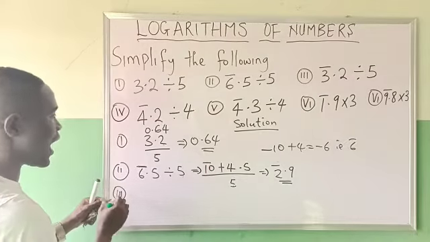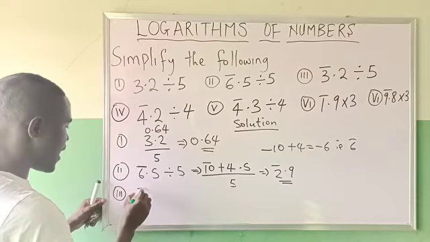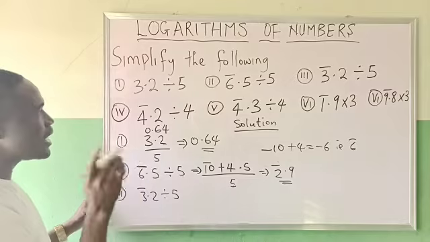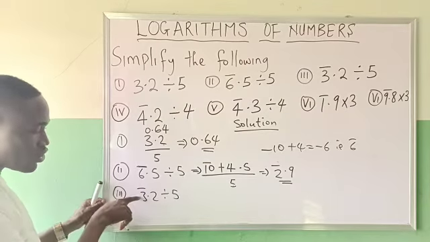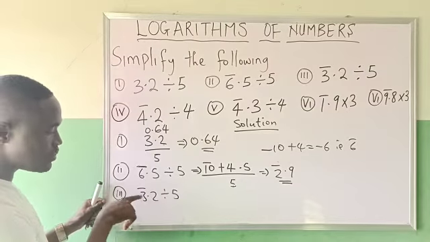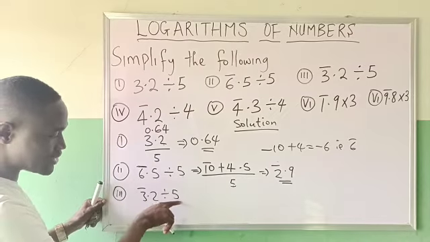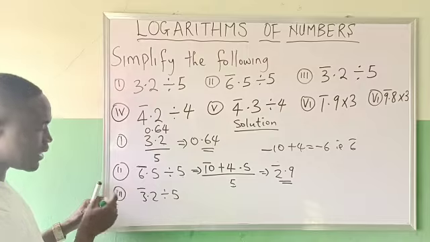Then we saw bar 3.2 divided by 5. At this point, the divisor is bigger than bar 3. The divisor means the number that is dividing is bigger than bar 3.